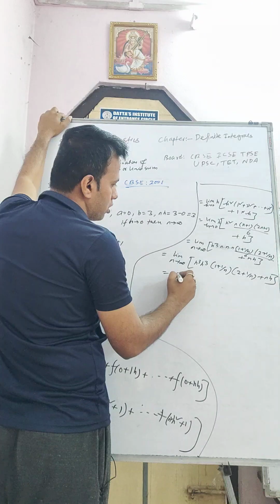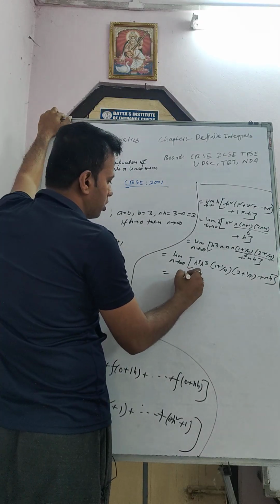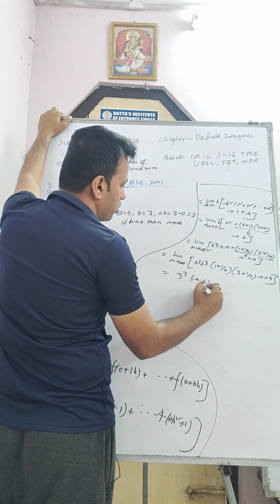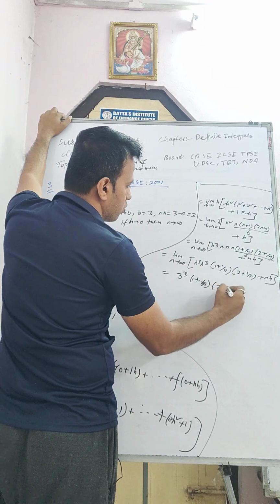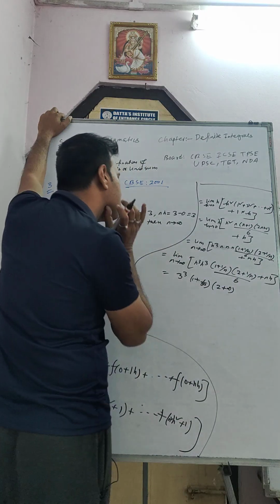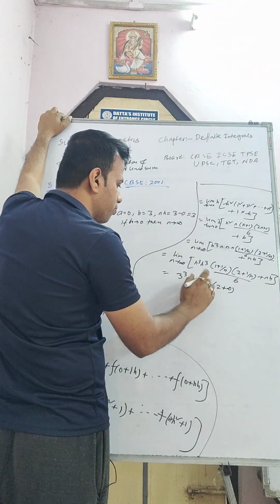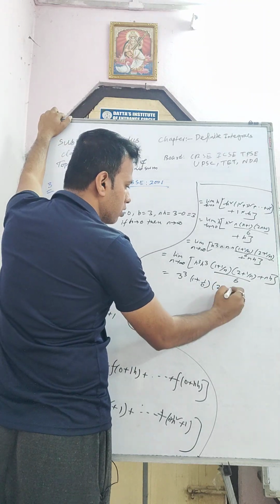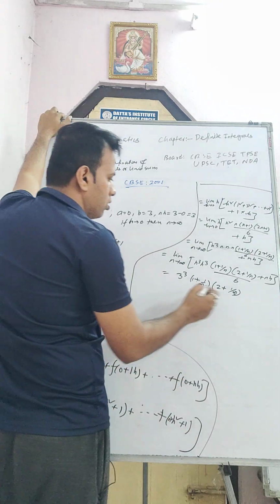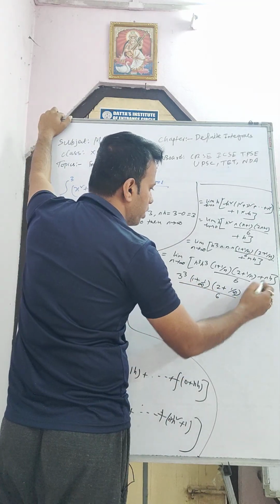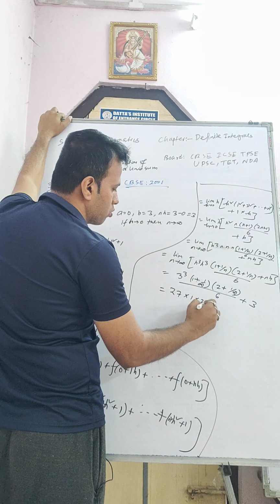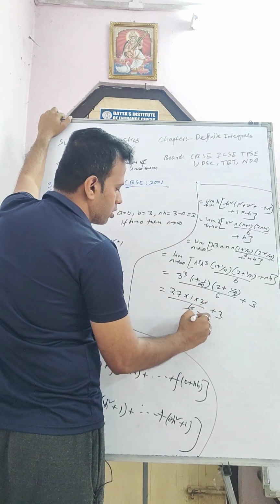So here nh is what? nh is 3 cube, 1 plus 1 by infinite, 2 plus 1 by infinite, which is 1 by 0, it will be 2, plus this will be nh. nh is what, sir? nh is 3, so it will be 27 upon 1 into 2 by 6 plus 3, it will be 9.